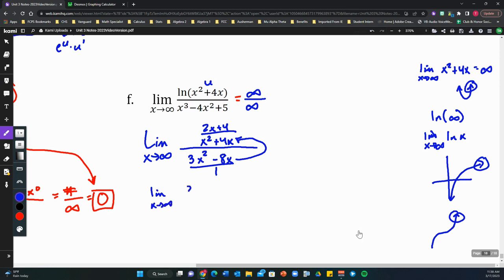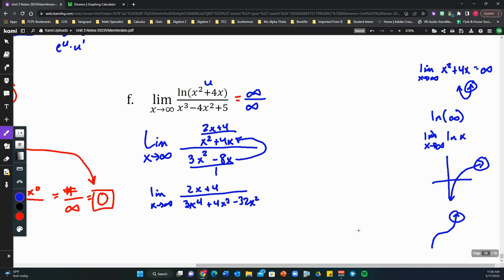So when I do that, I end up with 2x plus 4 in the numerator, and then multiplying these guys, the result gives me 3x to the fourth, let's see, minus 8x cubed plus 12x cubed, so plus 4x cubed, and then minus 32x squared. So now it all combines into just a polynomial over a polynomial.